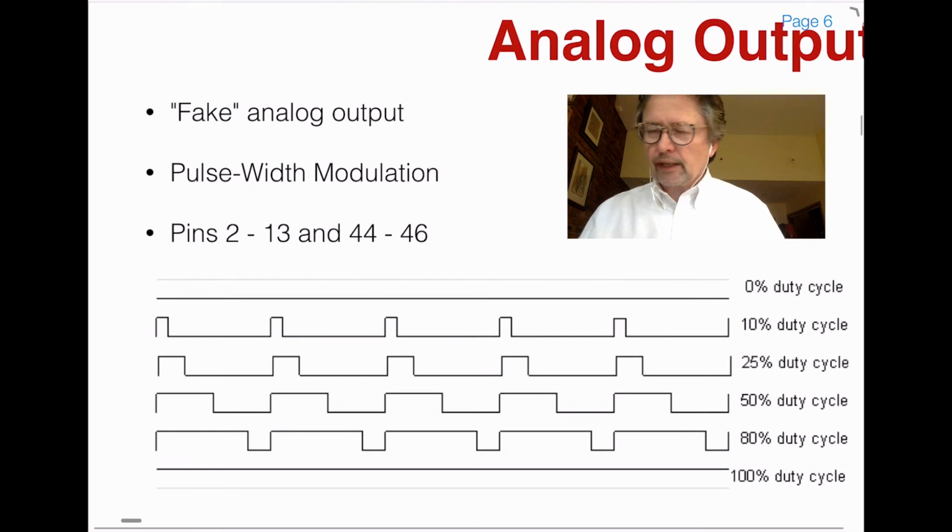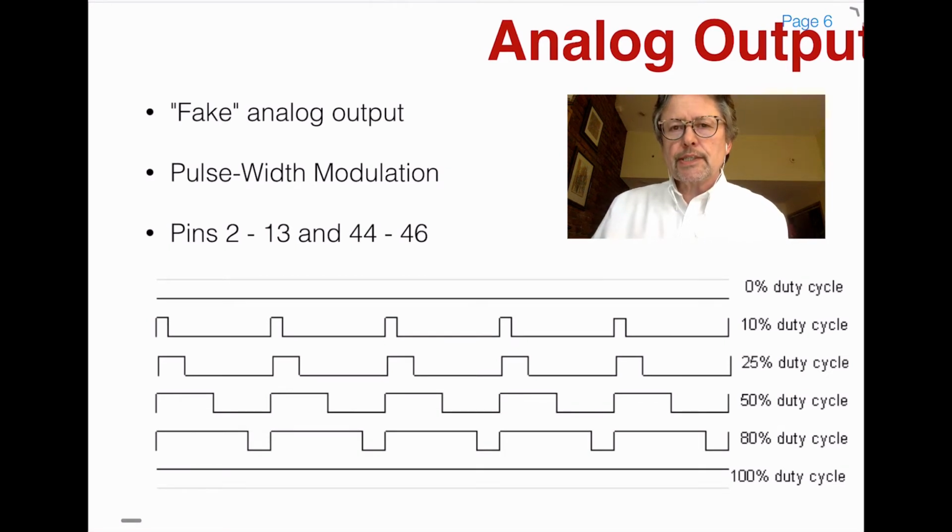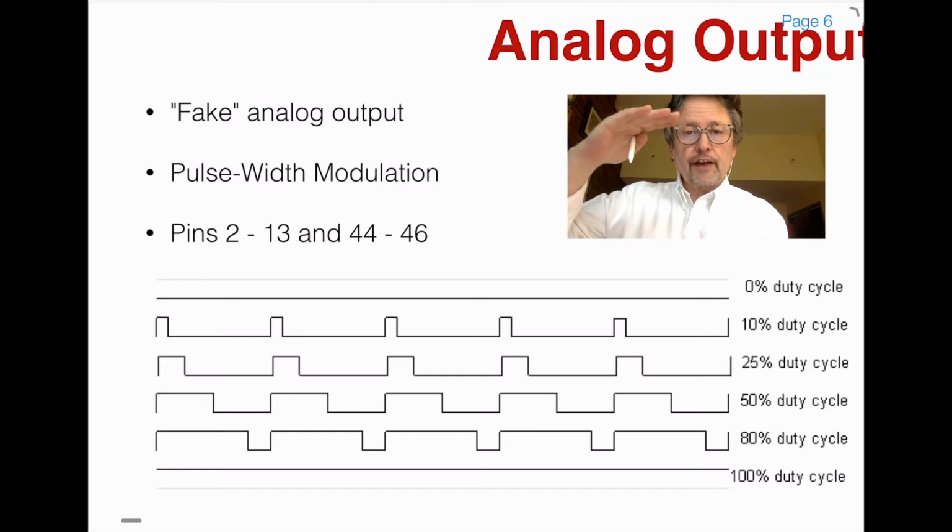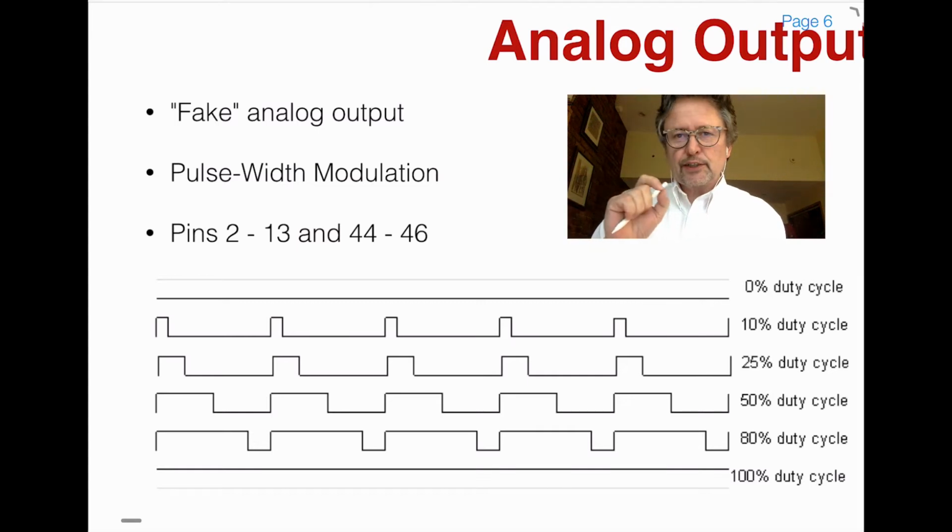Analog output. So here the Arduino cheats. It is not going to output a voltage that is between 0 and 5 volts. It's going to output either 0 or 5. That's the only thing it can do. But it's going to do that by outputting a signal that oscillates pretty fast, 400 and some hertz, and by outputting a pulse that is going to vary in length, it will be able to generate kind of an average value of a voltage that is going to be between 0 and 5.